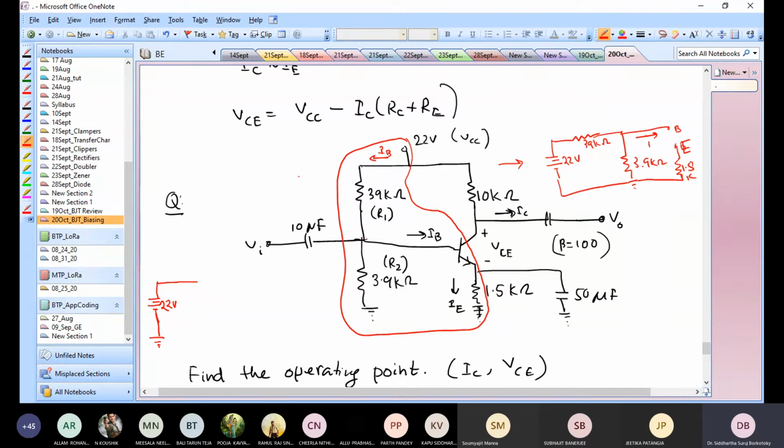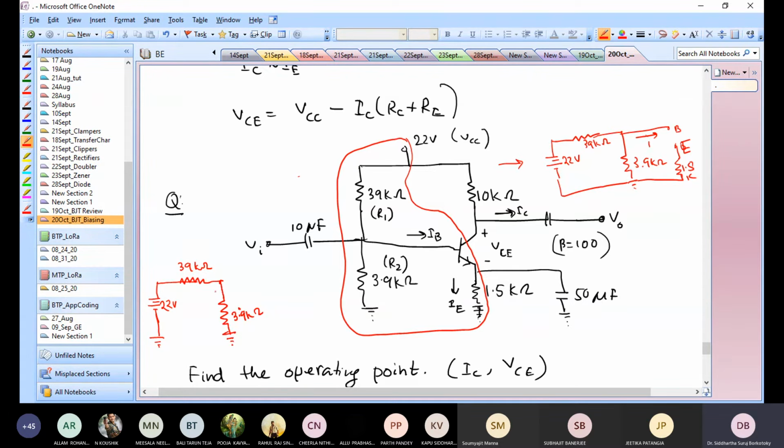Sorry, not IB, sorry about that. So the 22 volt source is connected to a 39 kilo ohm resistor, right? So this 39 kilo ohm is R1. That 39 kilo ohm resistor's other end is connected to the ground through this 3.9 kilo ohm resistor.